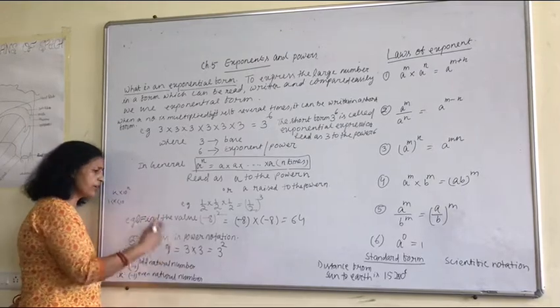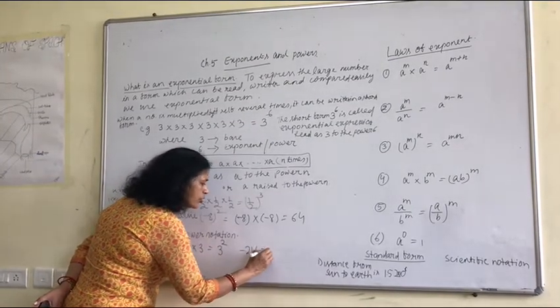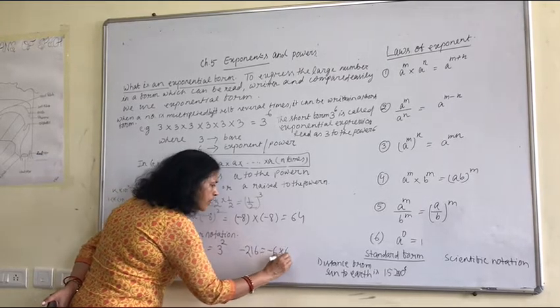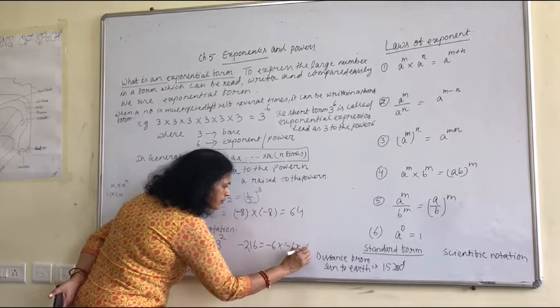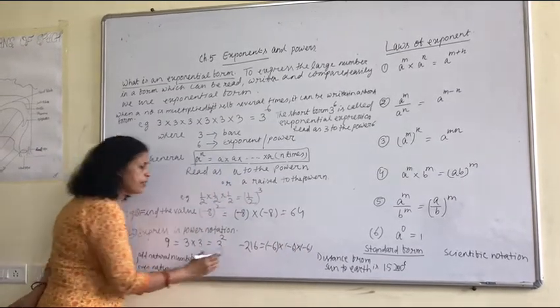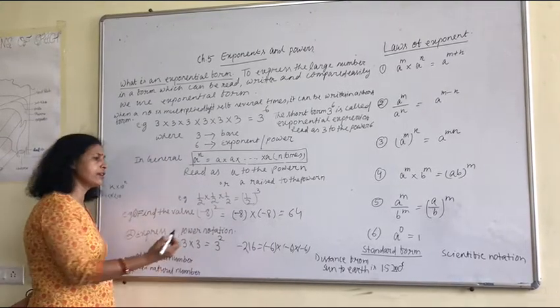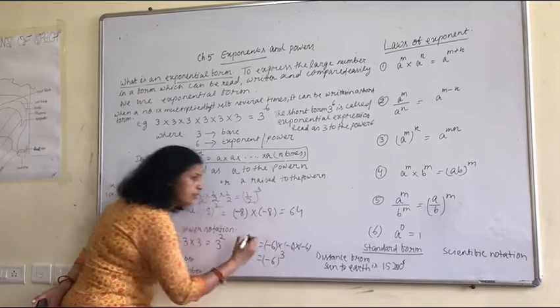Take another example: minus 216 is minus 6 into minus 6 into minus 6. So minus 6 is multiplied 3 times, and minus 216 can be written as minus 6 to the power 3.